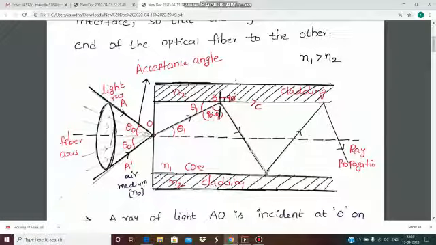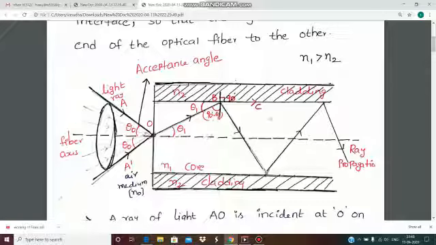Now we know that to produce total internal reflection, two conditions must be satisfied. First main condition: light should travel from a denser medium to a rarer medium. Second condition: the angle of incidence at the core-cladding interface must be greater than the critical angle. So what is the first condition?